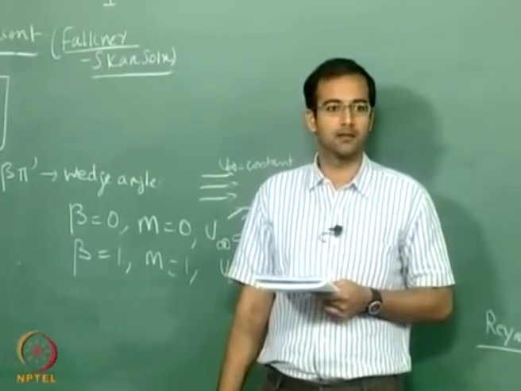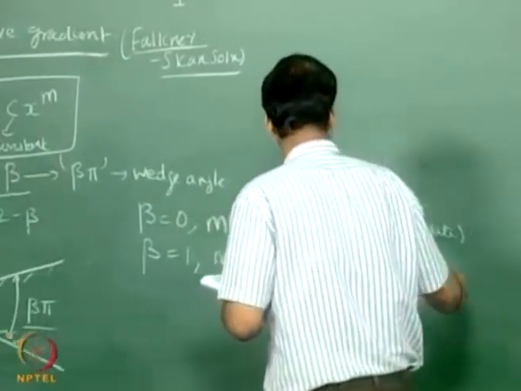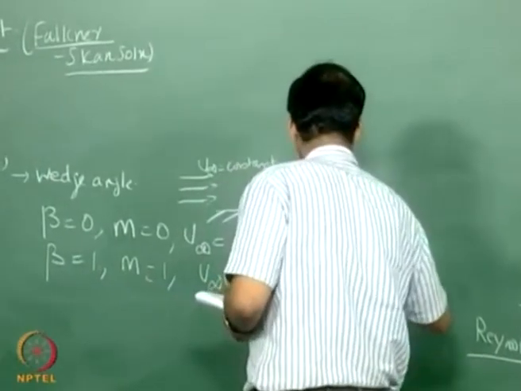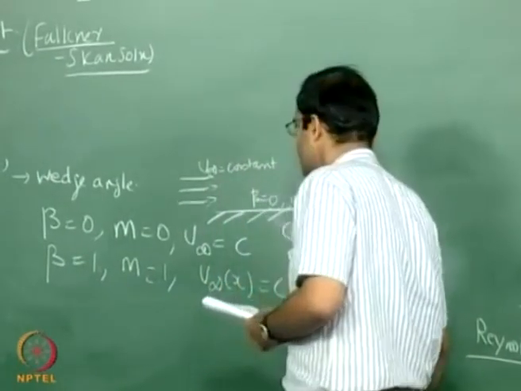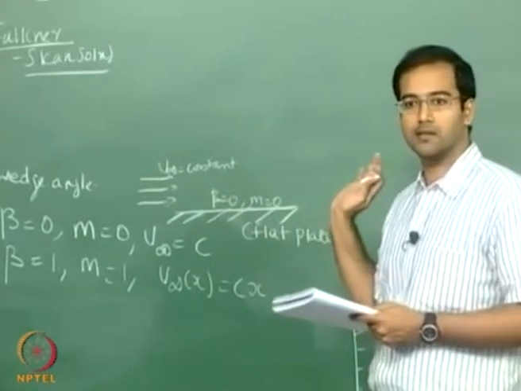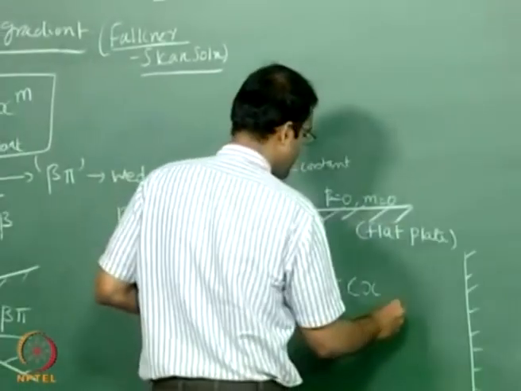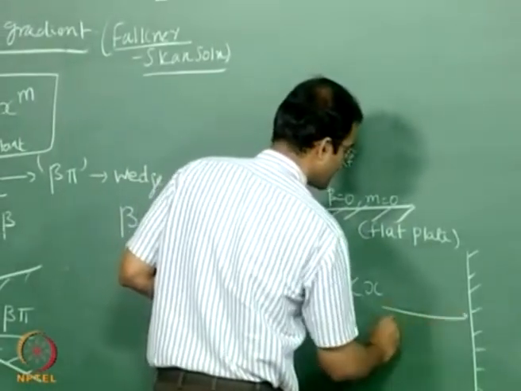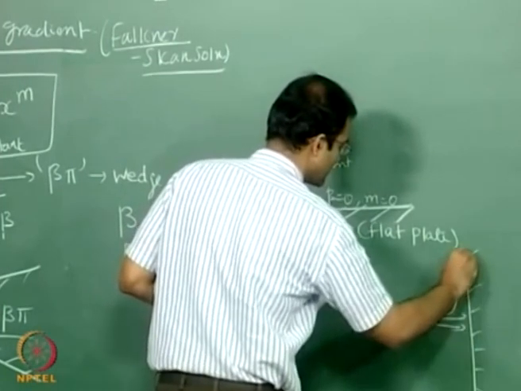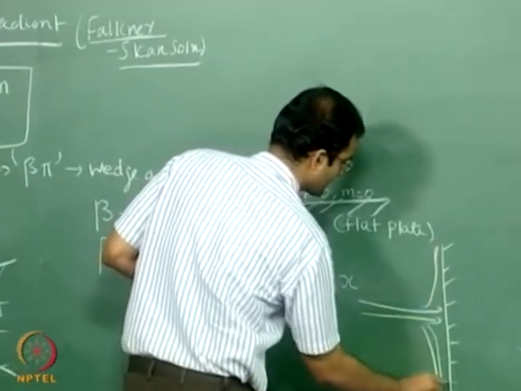Pi. So it will be a vertical plate instead of a horizontal plate, but the flow will still be coming along the horizontal direction. So the flow comes like this, impinges, and goes this way.